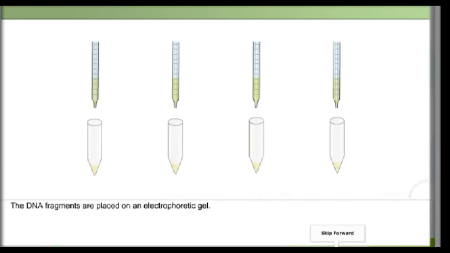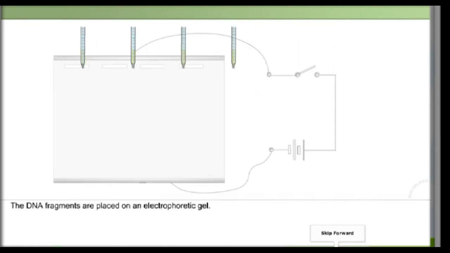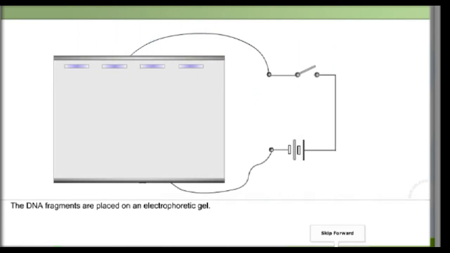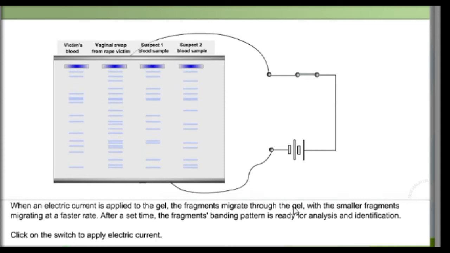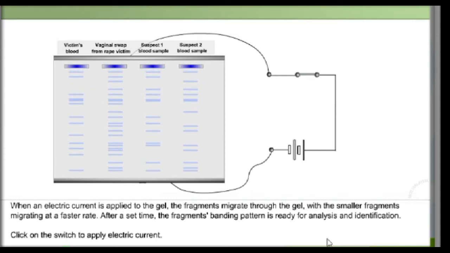The DNA fragments are placed on an electrophoresis gel. The DNA fragments will separate and produce bands. When an electric current is applied to the gel, the fragments migrate through the gel, with the smaller fragments migrating at a faster rate.